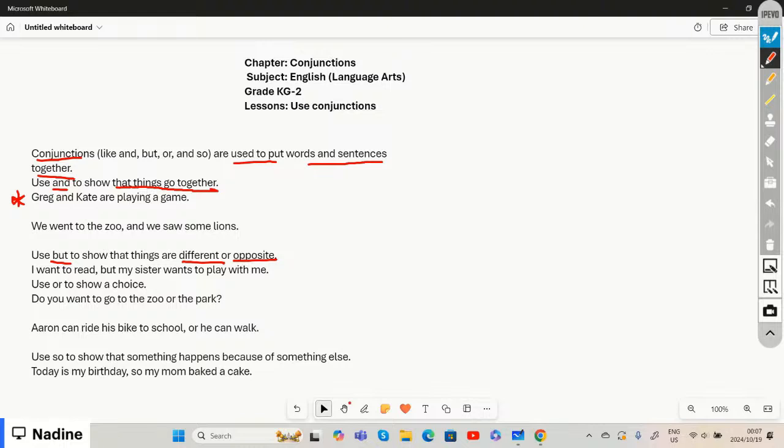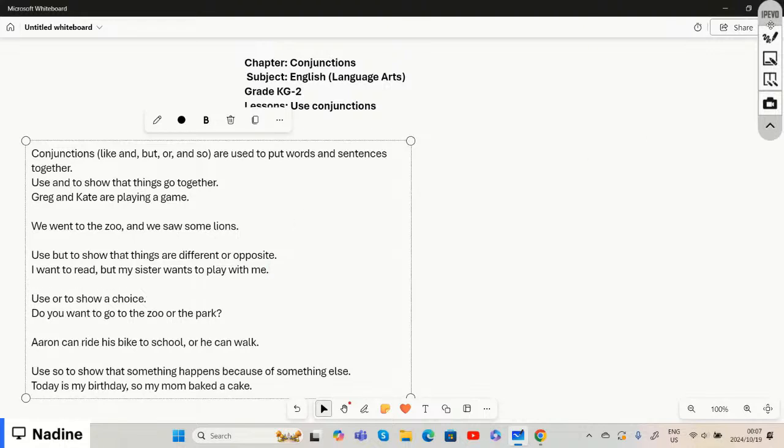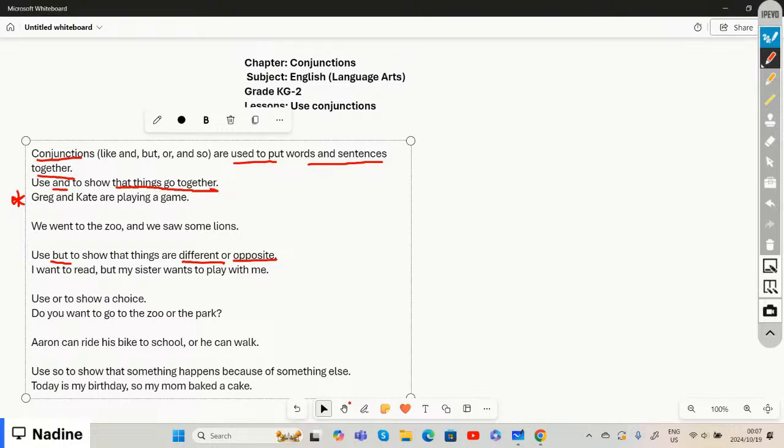Now we're going to look at a few examples of how we can use but.